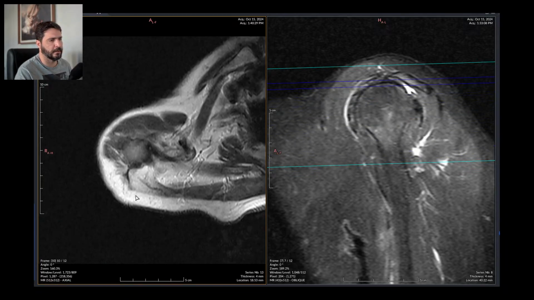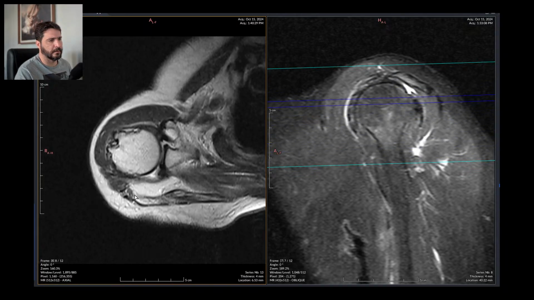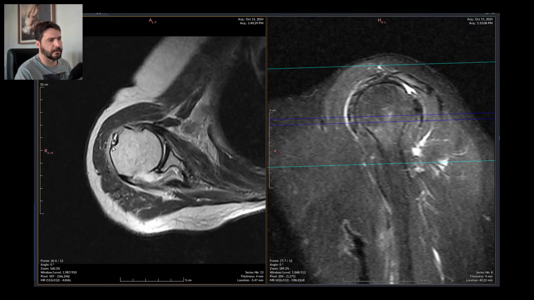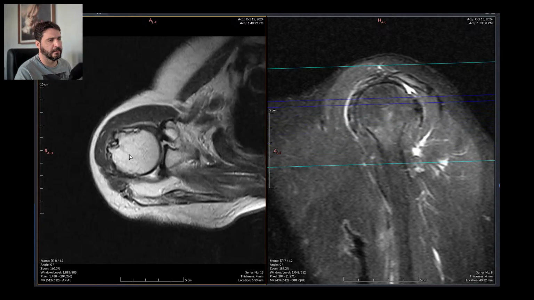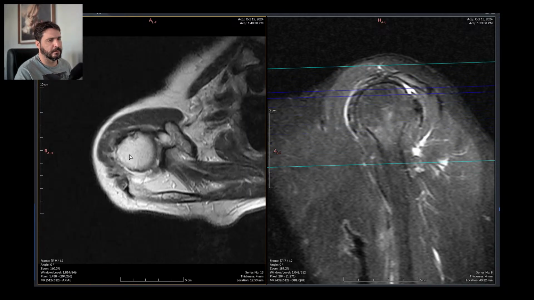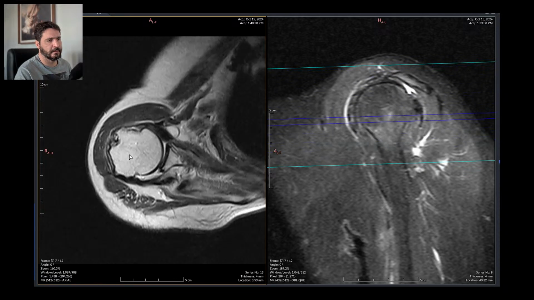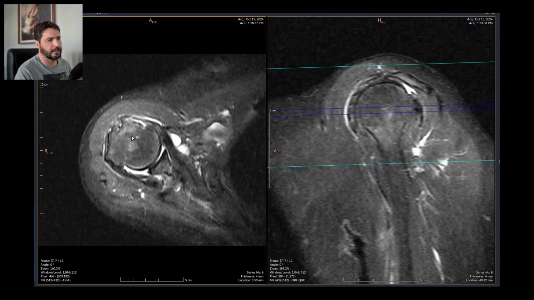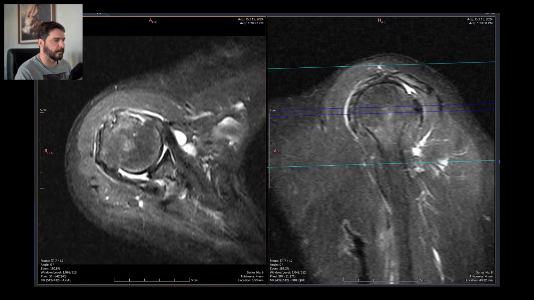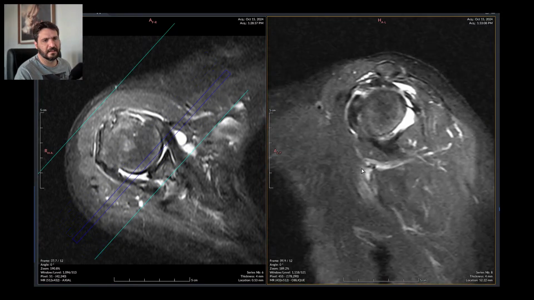Let's see the T1. It's also missing here. There is just a tiny thingy on its place. So this subscapularis tendon is looking odd, to say the least.